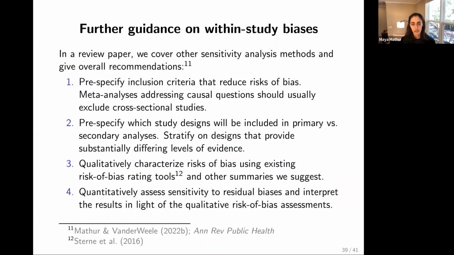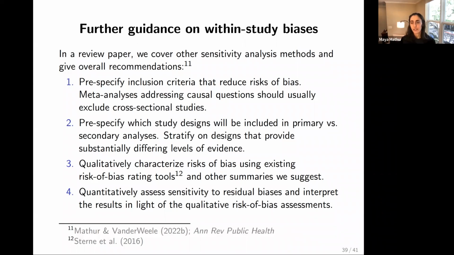Certainly, it's also good to qualitatively characterize risks of bias using existing tools. There are many good ones out there. ROBINS-I is great for non-randomized studies, as well as other summaries we suggest, such as the proportion of studies that have different levels of design in terms of longitudinal structures.